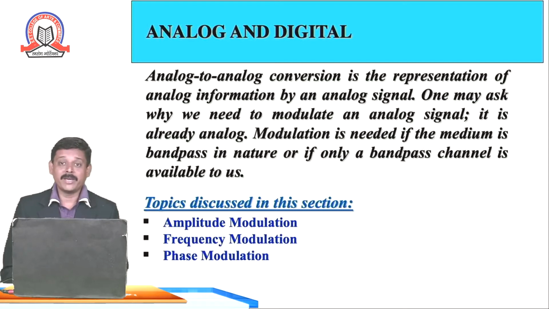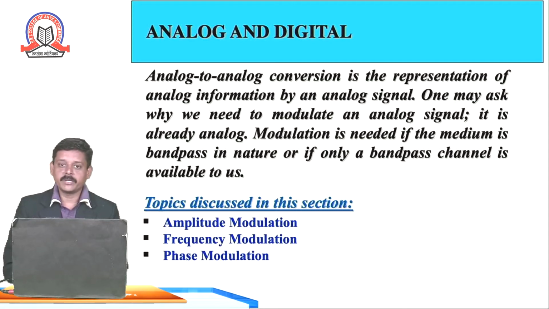So here one may ask why we need to modulate an analog signal. It is already analog. Let's see one basic example: as we speak on a mic, the voice data is converted to an analog signal, and it is carried through the wires towards the speaker.